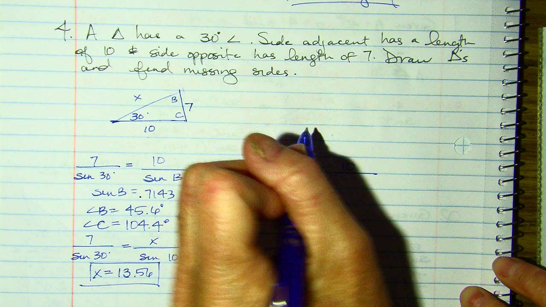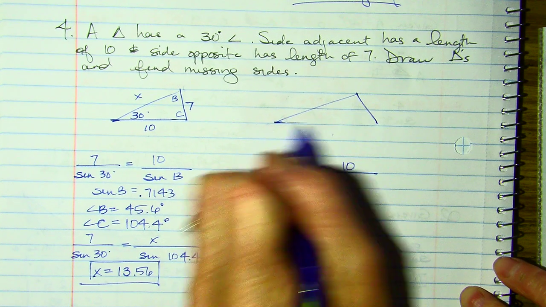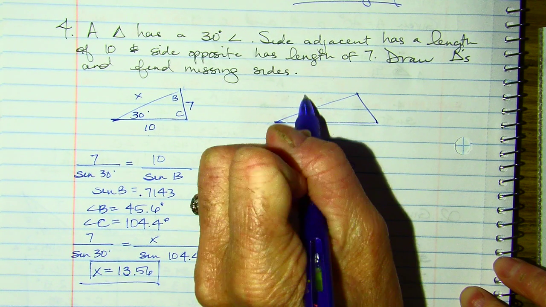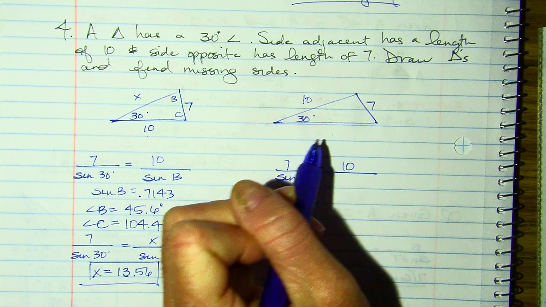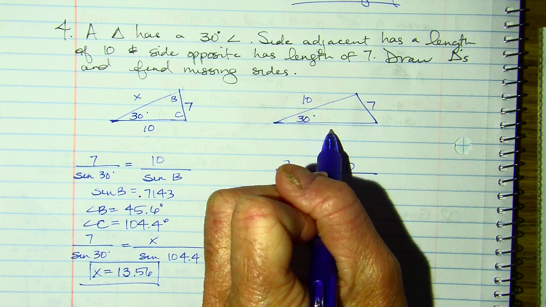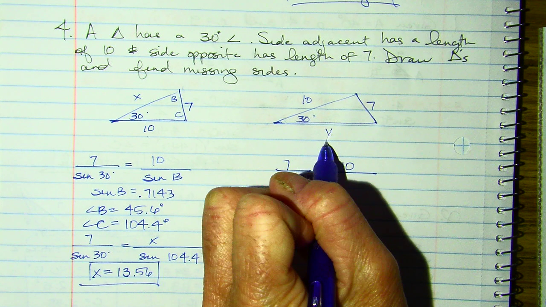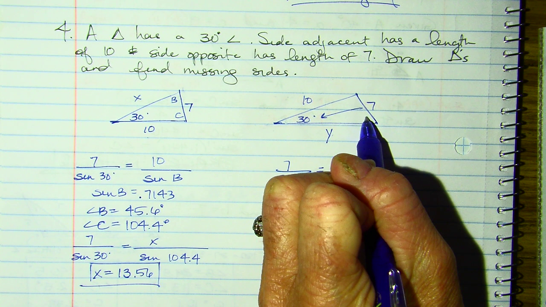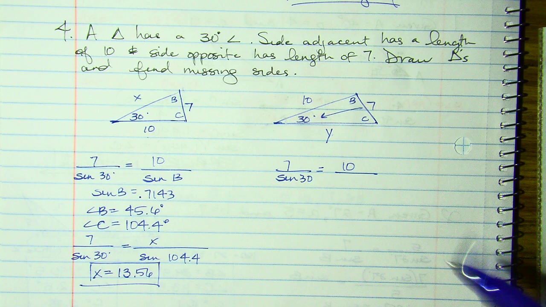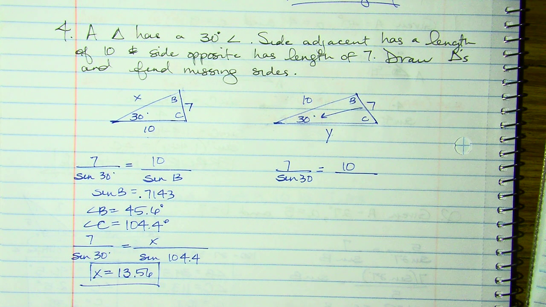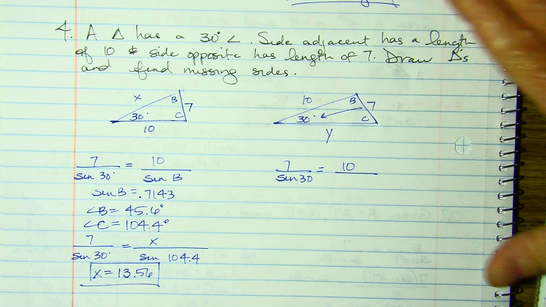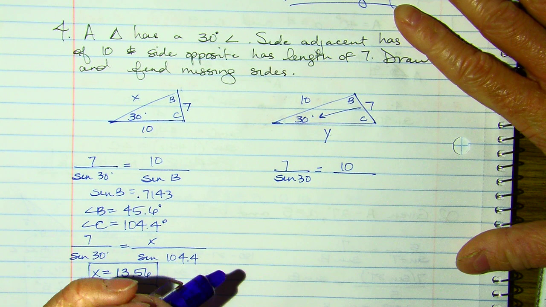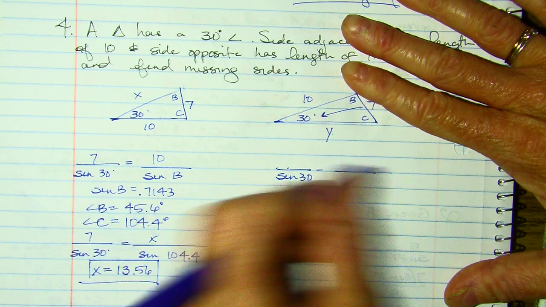Sorry, guys. And so what is this missing side? So these are across from each other, and these are across from each other. That's where I messed up.